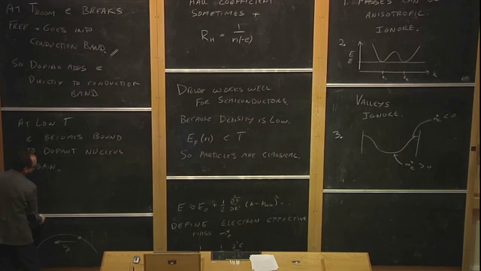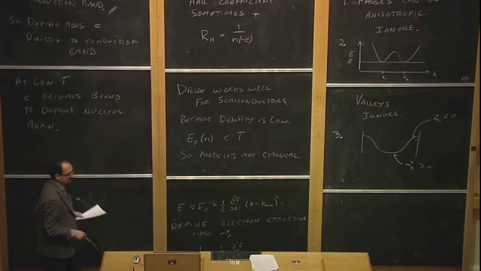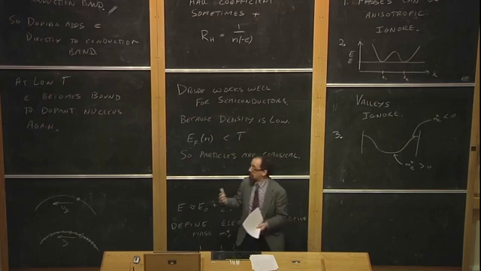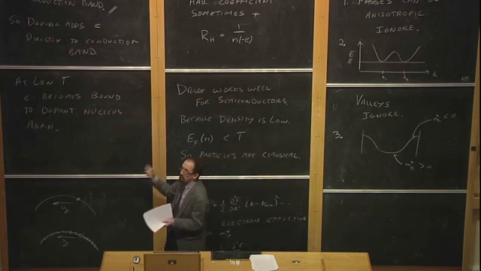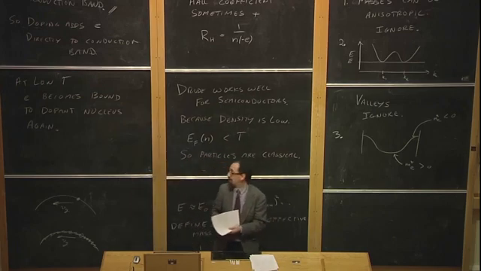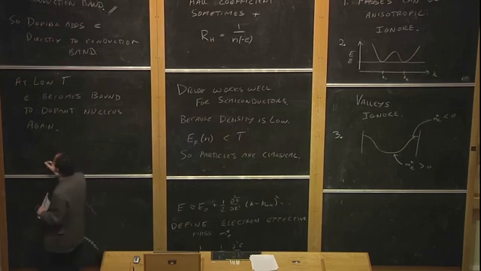So if you were measuring the density of electrons in the conduction band, if you cooled the system down a lot, all of a sudden you would discover that the density of electrons in the conduction band was dropping because all of these electrons were getting frozen back onto the nucleus that they came from. This is known as carrier freeze-out.